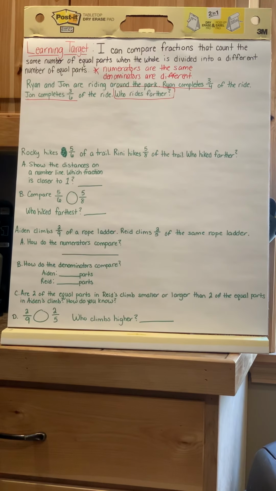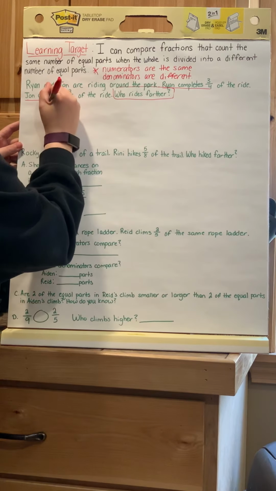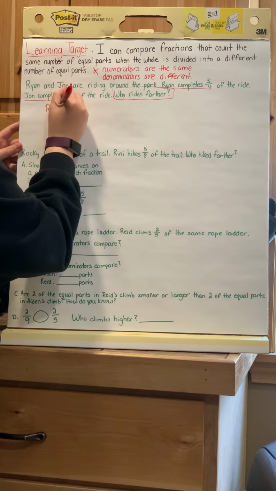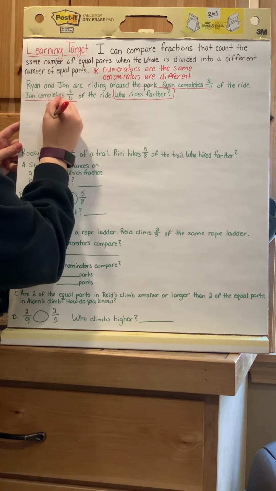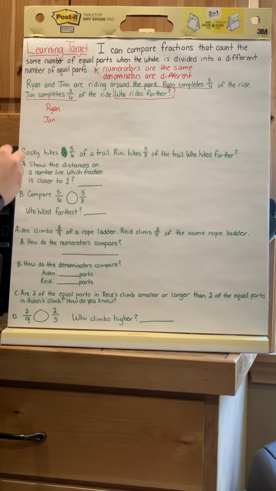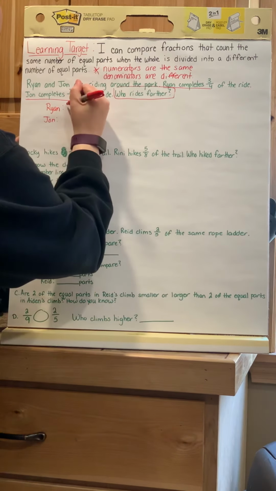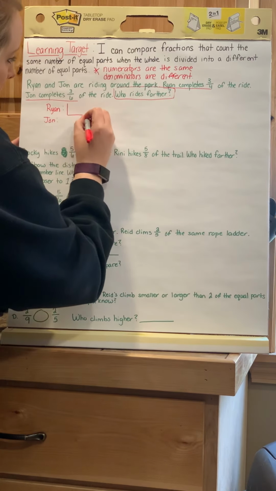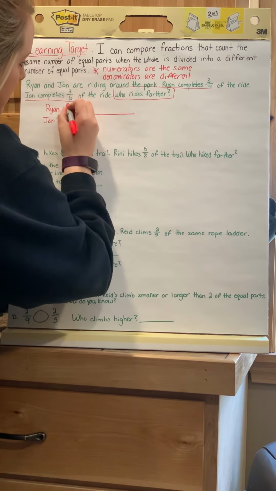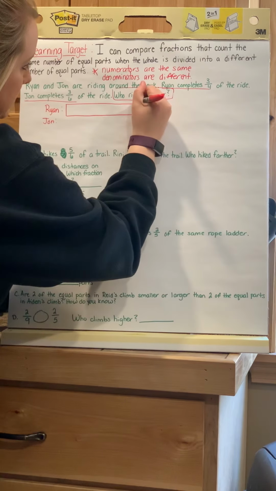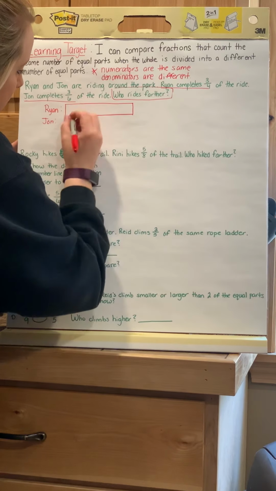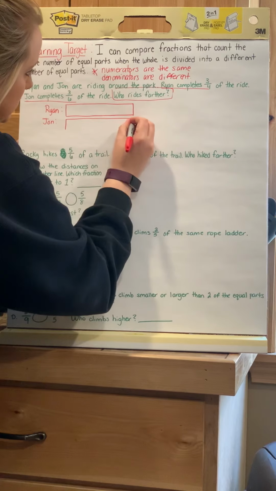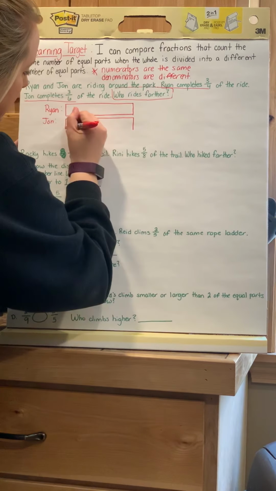For this, I'm going to use my fraction strips because I feel like that's easier for me personally to see, to compare my fractions. So for Ryan and John, remember we want to make sure our fraction strips are the same length, so that we get the most accurate comparison that we can by drawing our own.